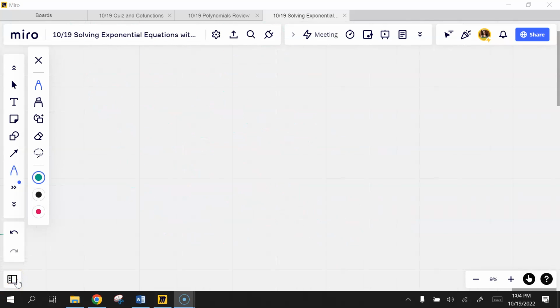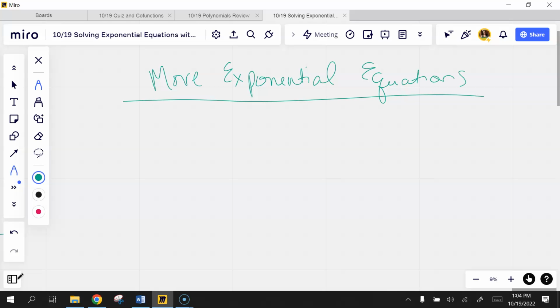Ready? Exponential equations, take 2. All right, so your other exponential equations, we did base manipulation, right?